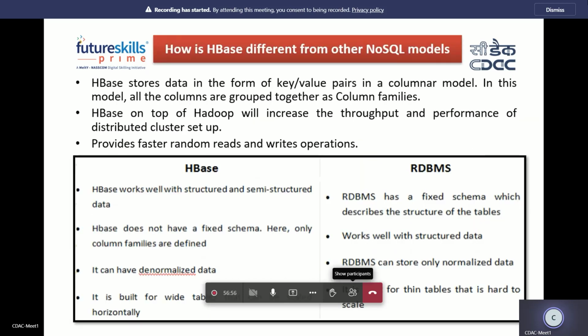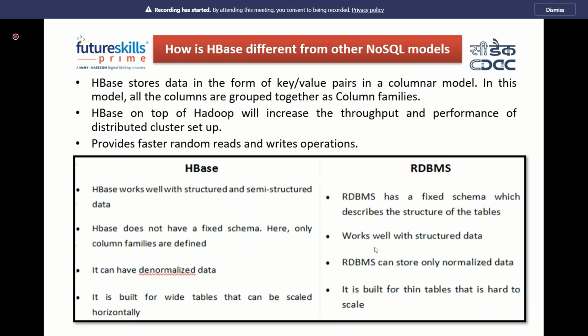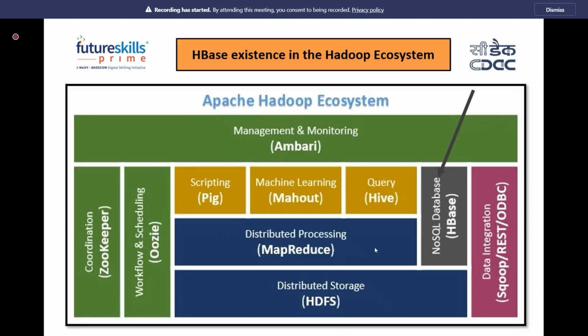HBase is column-oriented and has no fixed data model or schema structure, and it can store data whether in normalization form or denormalization form, right? Normalization form means data redundancy is not allowed in RDBMS, while under HBase redundancy, that means data repetition, is allowed, right? HBase features: horizontally scalable, automatic failover, and integration with the MapReduce framework and history timelines.